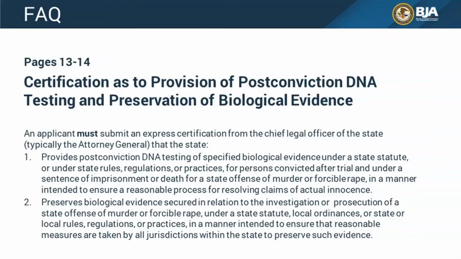And 2, preserves biological evidence secured in relation to the investigation or prosecution of a state offense of murder or forcible rape under a state statute, local ordinances, or state or local rules, regulations, or practices in a manner intended to ensure that reasonable measures are taken by all jurisdictions within the state to preserve such evidence.